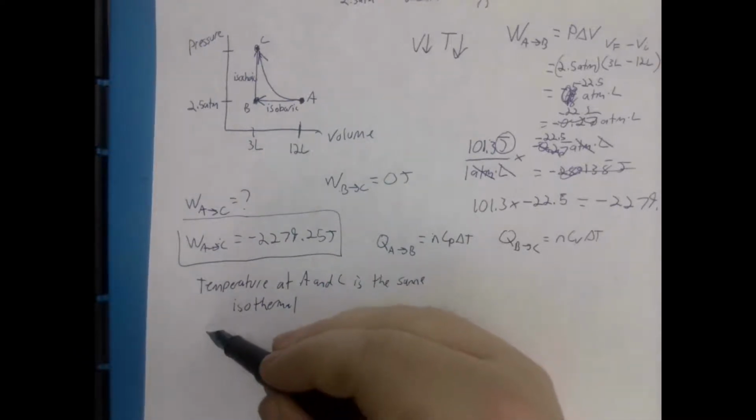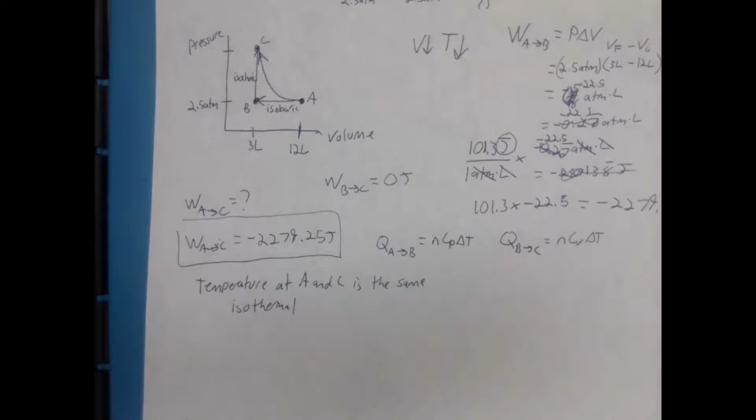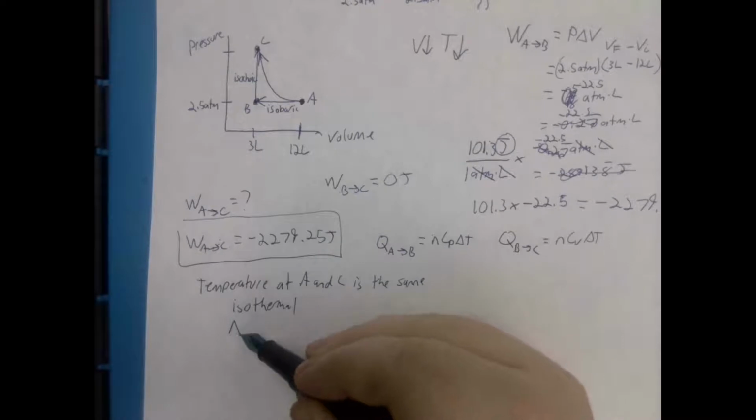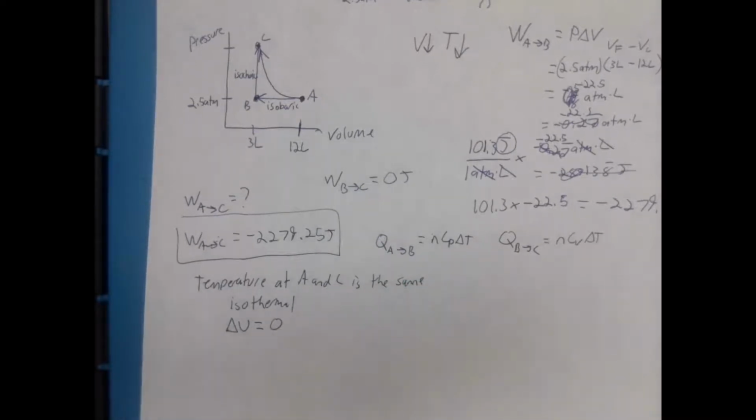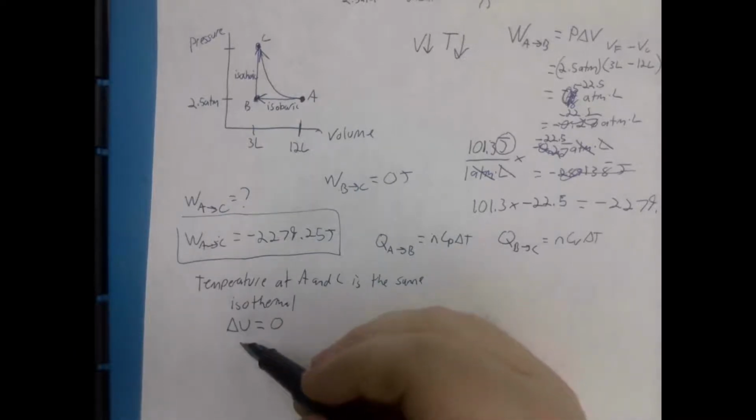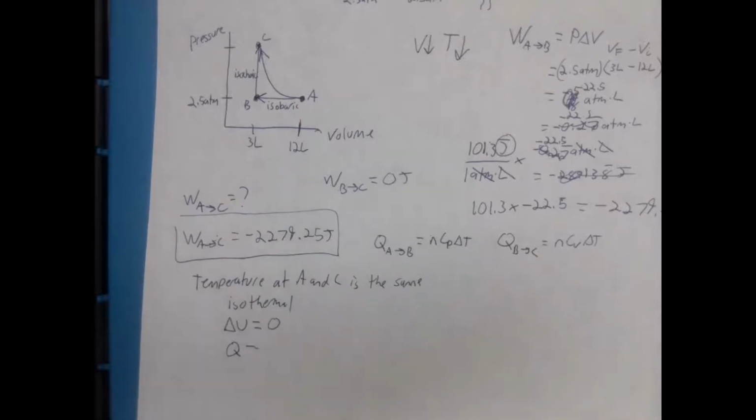For an isothermal system, we know that the change in internal energy must be 0. And we know that for isothermal, the heat is equal to the work.